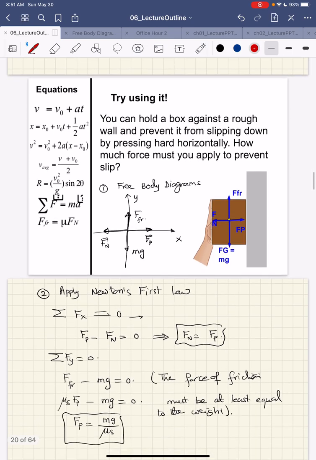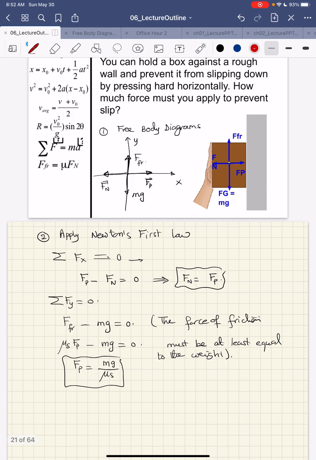I have the force of friction upward, because if the object is going to slip, it is going to move downward, so you always need to remember what the expected motion is, and then the friction is going to be in the opposite direction. Of course, I have the applied force and I have the normal force from the wall, and here it is going to be horizontal because the object should be sticking to the wall.